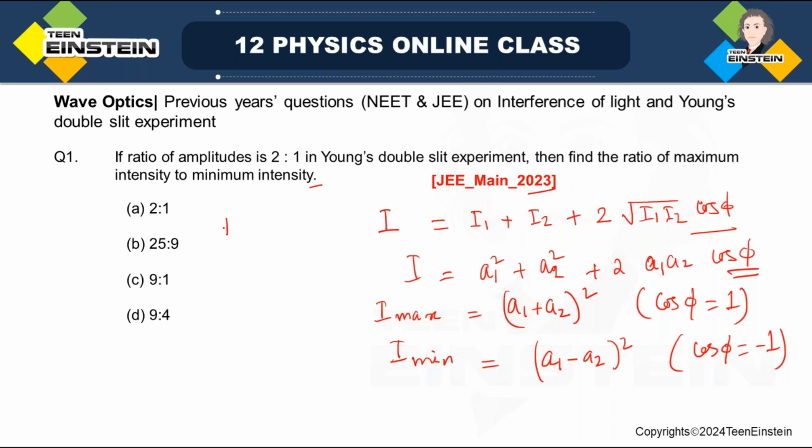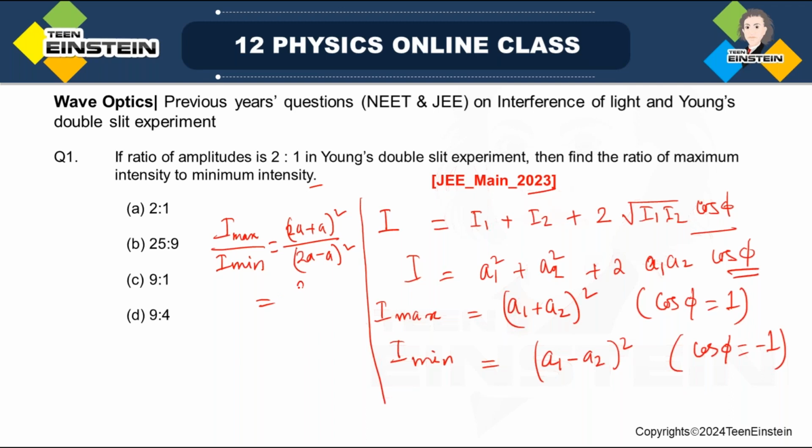So let us write now Imax by Imin. If I take this ratio, let us take the amplitudes as 2a and a: (2a plus a) whole square divided by (2a minus a) whole square.